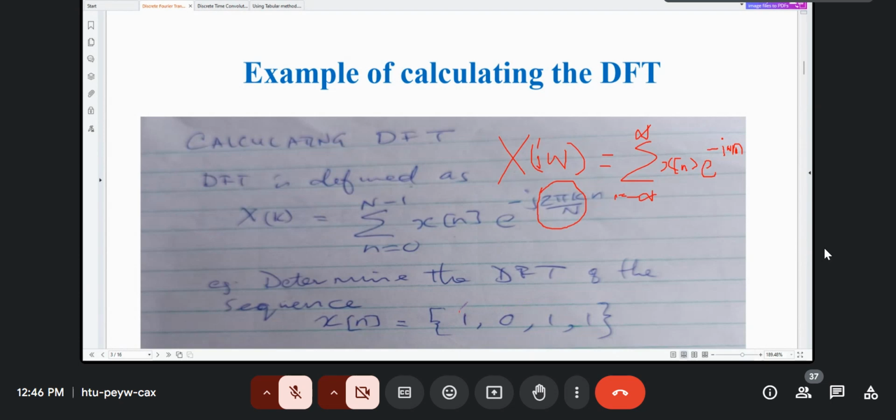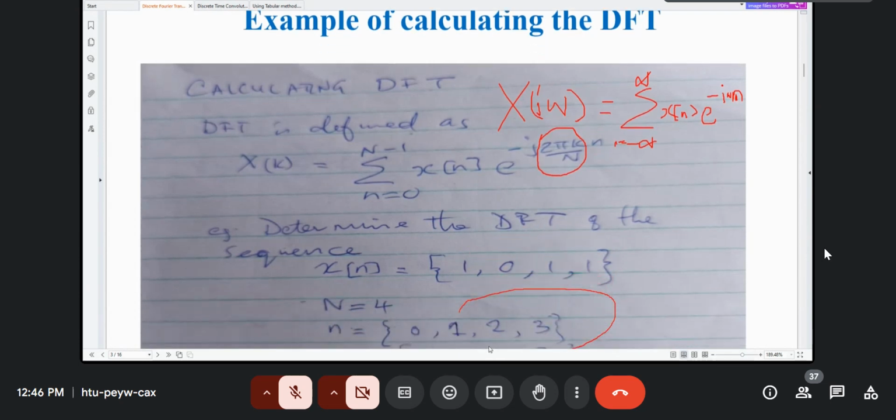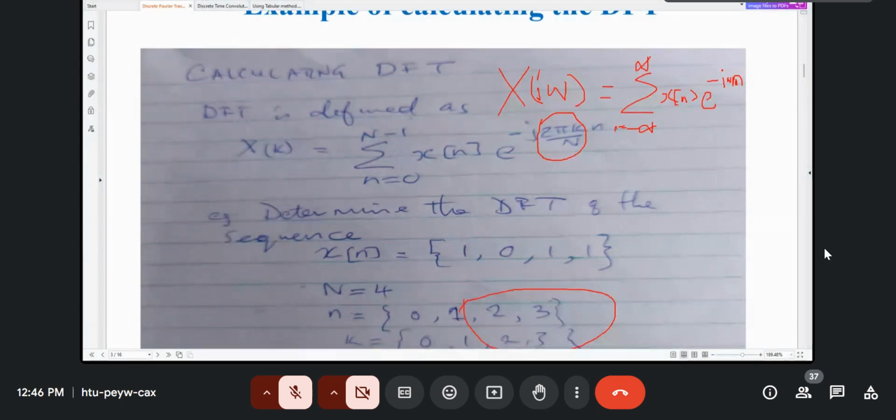For example, if you've got this sequence 1 0 1 1, again we like using just real samples, not 1 plus j something. I'm using 1 0 1 1 to make life easy. Let's consider N is equal to 4. You have decided to sample 2 pi 4 times.